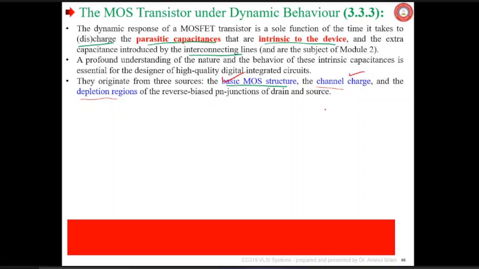So the author is telling that this is also one component. And the depletion regions: we already have seen that the depletion region around the drain or the source gives capacitance because of depletion regions of the reverse biased PN junction. Drain and source, both drain diffusion capacitance and source diffusion capacitance.